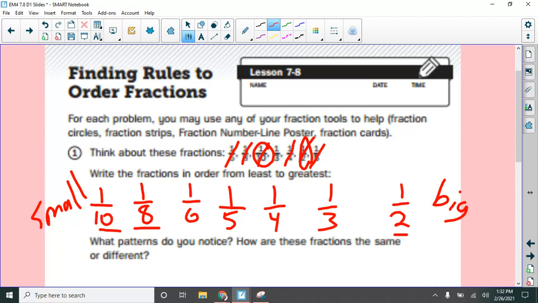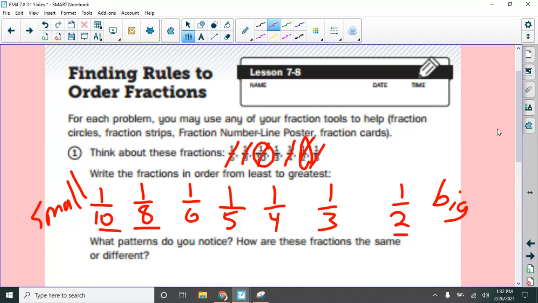What is the pattern that you notice? You should see that if all the numerators are the same, then as the denominator gets bigger, as the bottom number gets bigger, the pieces get smaller, and as it gets smaller, the pieces get bigger.